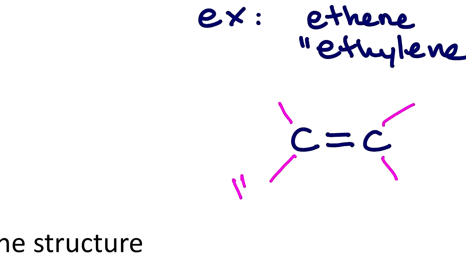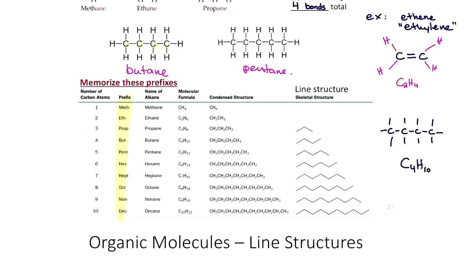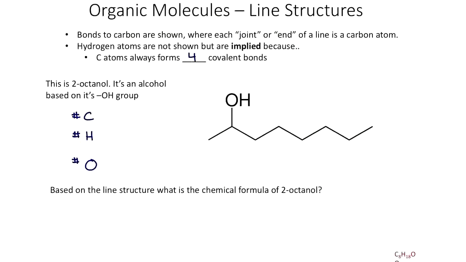So this molecule, ethene or ethylene gas, like what we put in torches often, this is C2H4, all right? So does your precious 2N plus 2 trick work here? No, it doesn't. So don't do it. Just draw the structure and complete it so all the carbon atoms have 4 bonds to it, all right? All right, so let's look at line structures too, okay?